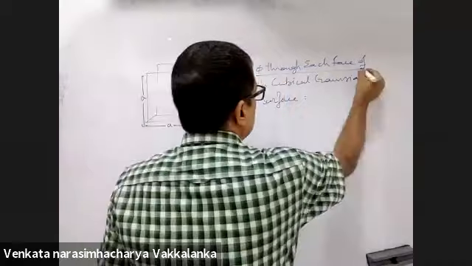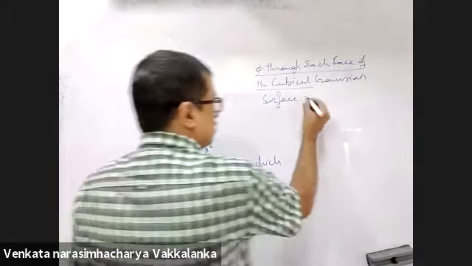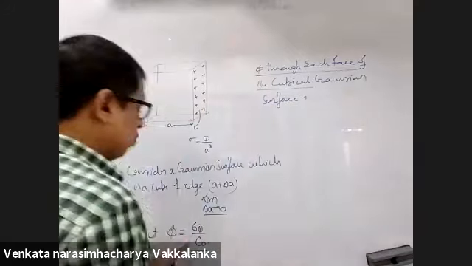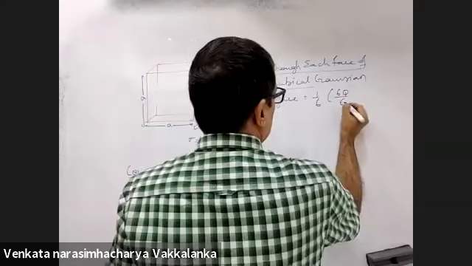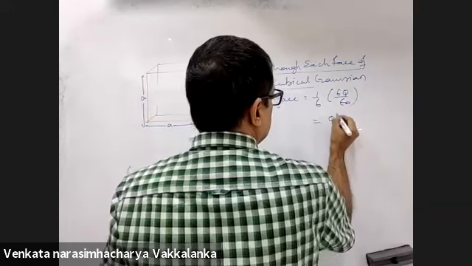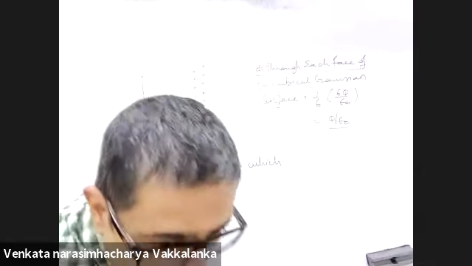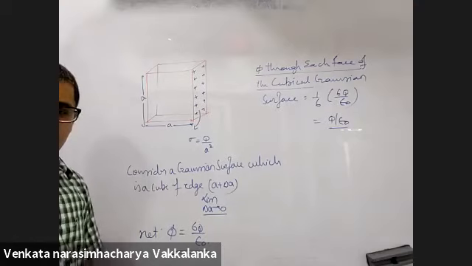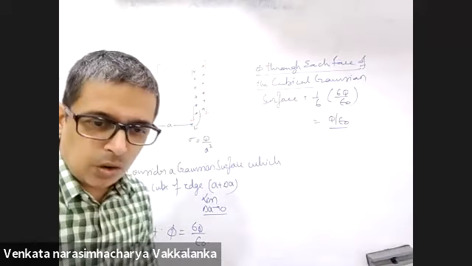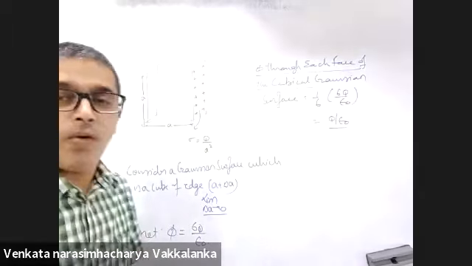Flux through each face will be 1/6 of 6q by epsilon naught. This will be q by epsilon naught. So far, so good. Yes, sir.